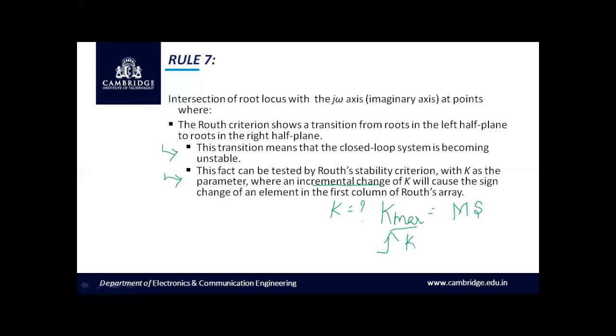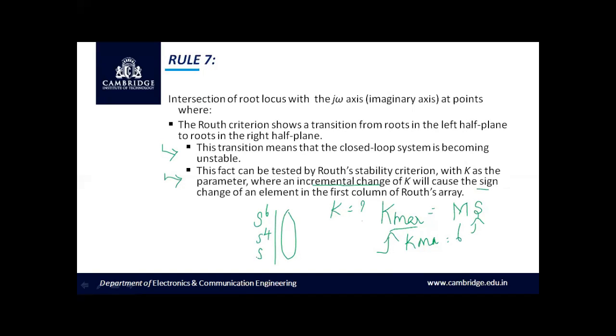Suppose K margin is equal to 6, and one incremental value of this K, 6.1 or 6.2, leads to a sign change in the first element of the RH array, s power 6, s power 4.